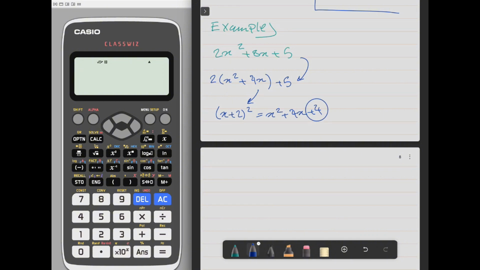So, what should I do? Guys, I told you, you just put another minus 4 here, so nothing will change. Let me erase the whole thing. And so you can write it as 2 times x squared plus 4x plus 4 minus 4. And this is 0, so it affects nothing.